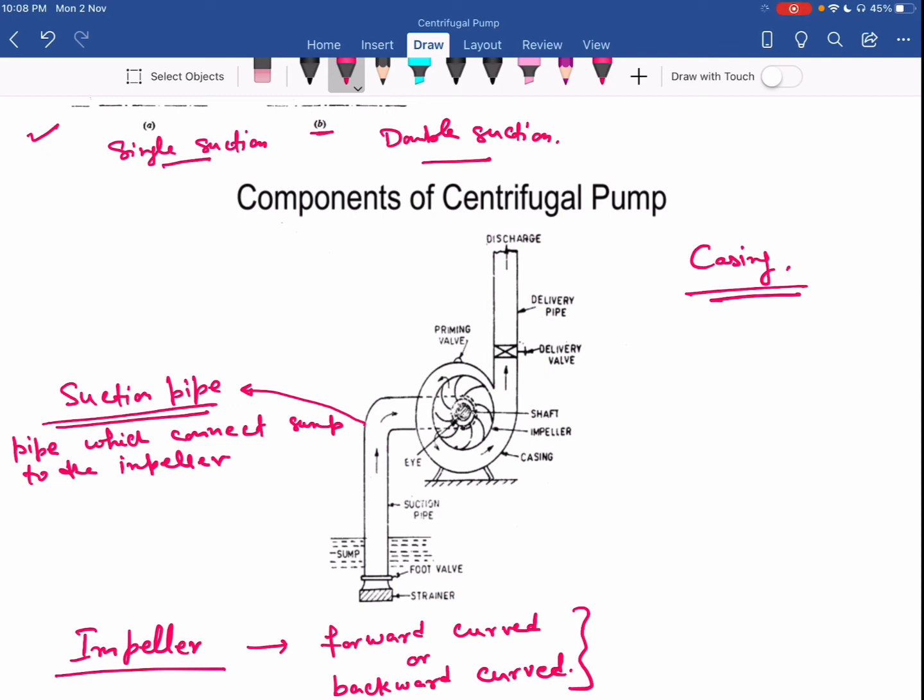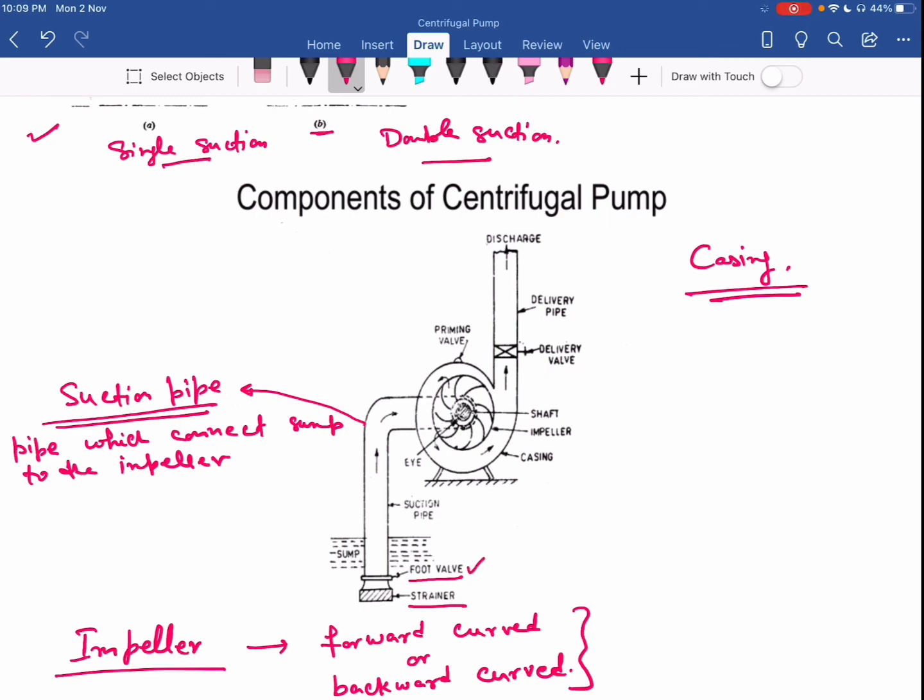At the lower end of this suction pipe, we have two components. One is the foot valve, another one is the strainer. Now the strainer is one type of filter which separates the debris in the water. It also prevents the debris from moving into the impeller, to avoid damage. The foot valve is a unidirectional valve.